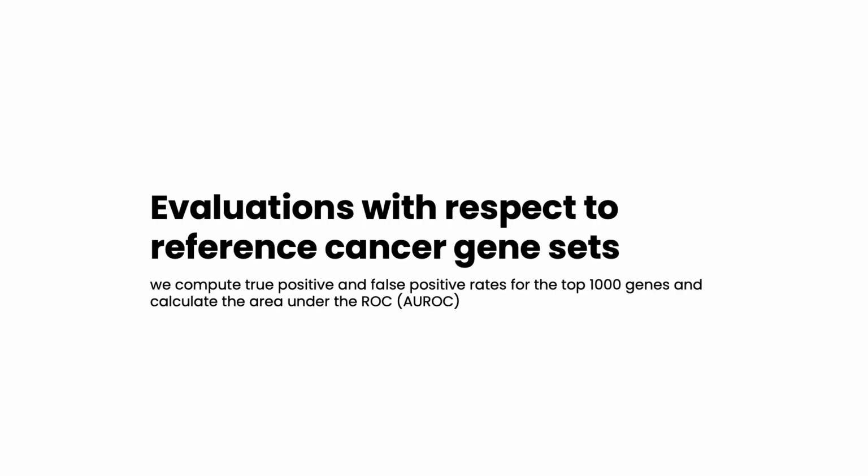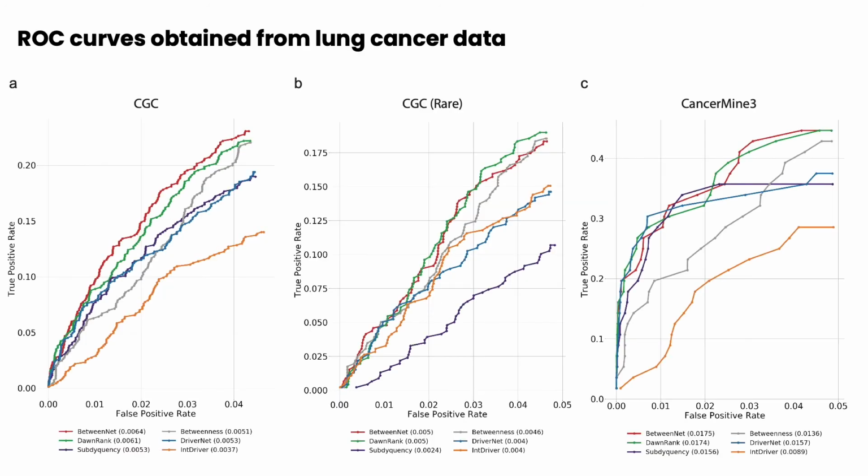Then we started evaluating our methods with respect to reference cancer gene sets by computing true positive and false positive rates for the top 1000 ranked genes. According to the ROC curves obtained from the lung cancer dataset, we observed that our method, which is named Betweenness, is performing better over all evaluations here.